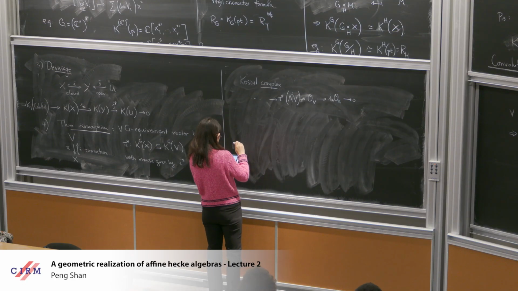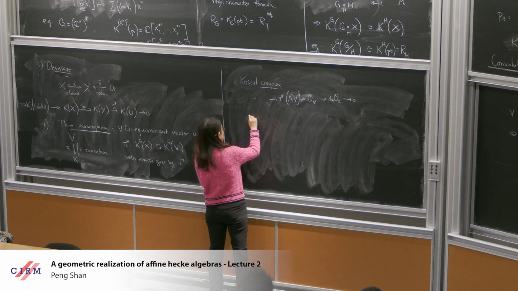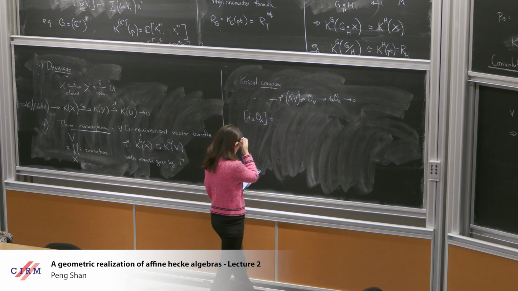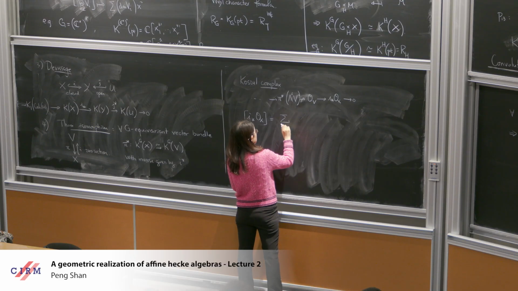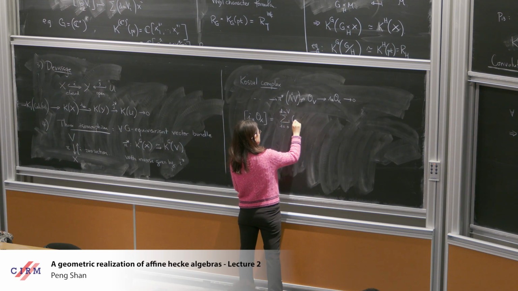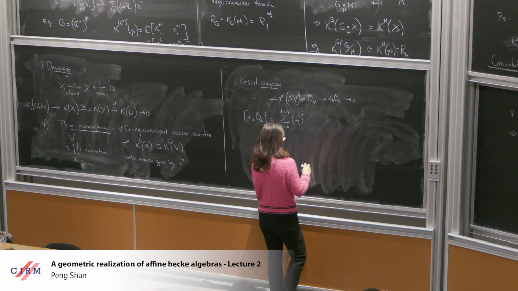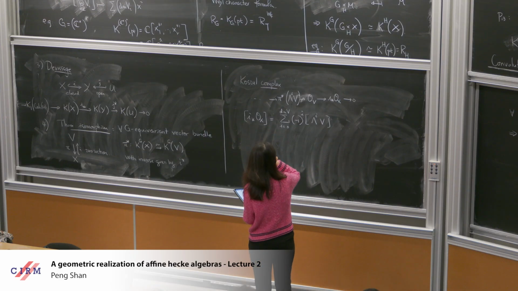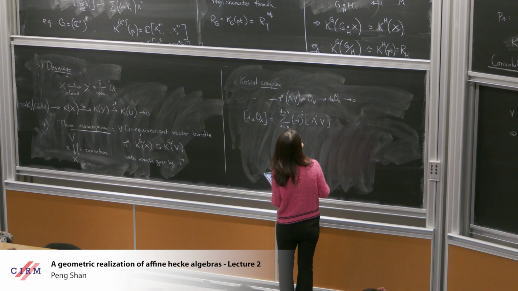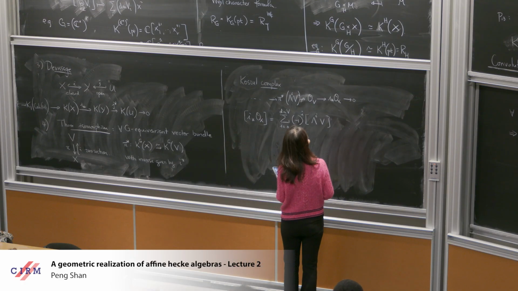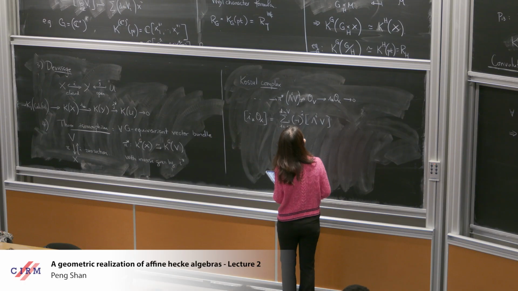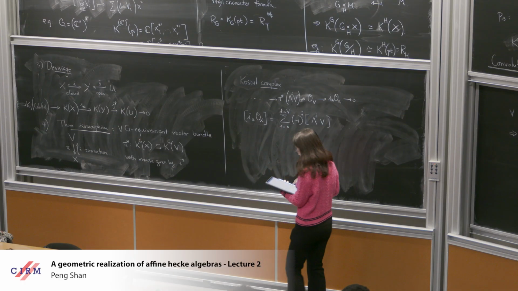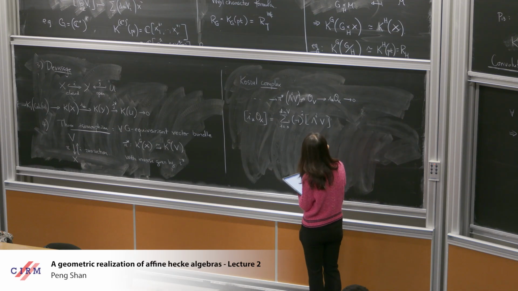Right, and so using this resolution, you can show that the class of I lower star of OX is the same as the alternating sum of this complex. So sum from 0 to dimension of V, (-1) to the power of i, and then you take the class of lambda i of V. Or maybe I should put a pi star.